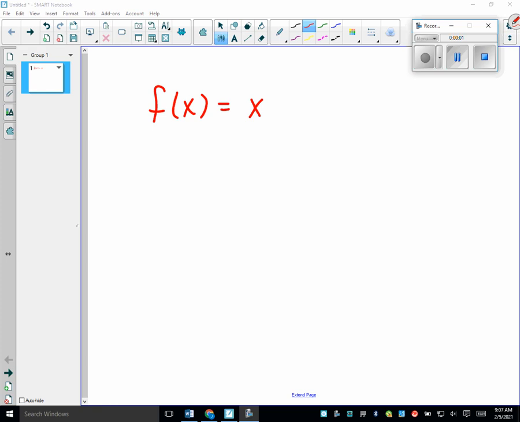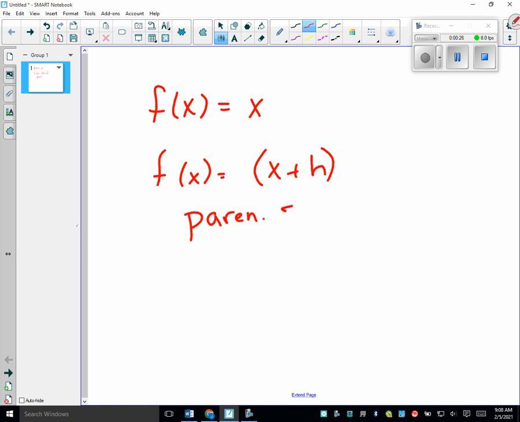This is what a normal equation might look like. It could be an x, it could be an x squared, it could be whatever. If I change it so that I put a number here in parentheses, I'll just use h, the parentheses shifts the graph right or left.